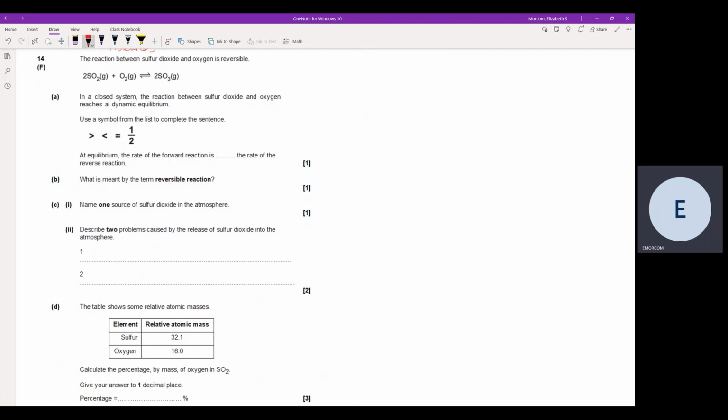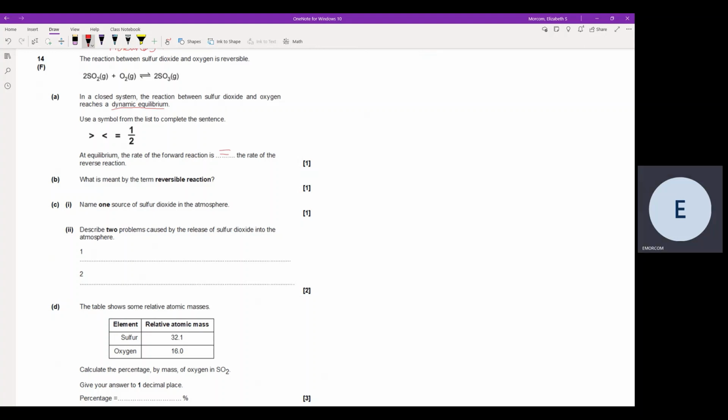It means when you've got a situation in a closed system where the forward and backward reaction rates are equal and the concentrations of the reactants and the products are not changing. So then it says use a symbol from the list to complete the sentence. At equilibrium, the rate of the forward reaction is, and I've literally just said the answer, equal to the rate of the reverse reaction.